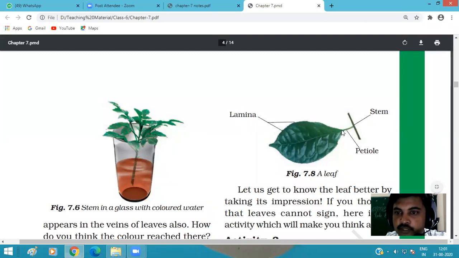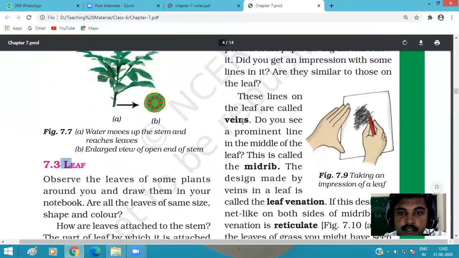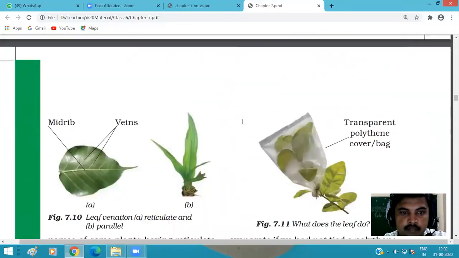So we call this part a petiole, and the whole area of a leaf is known as lamina.